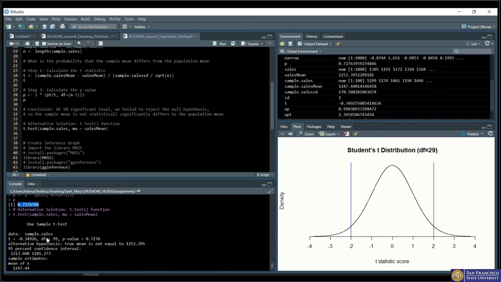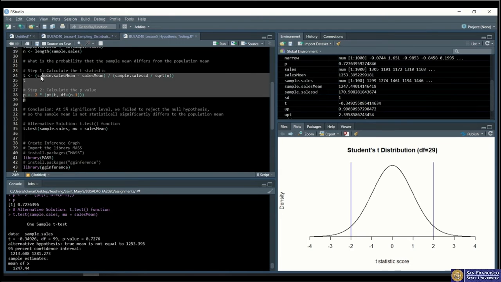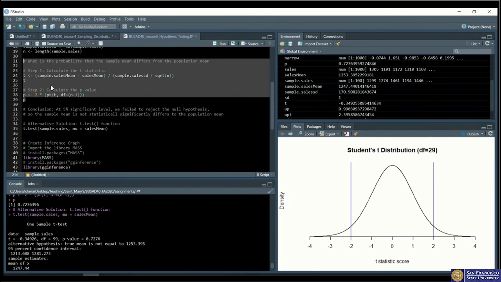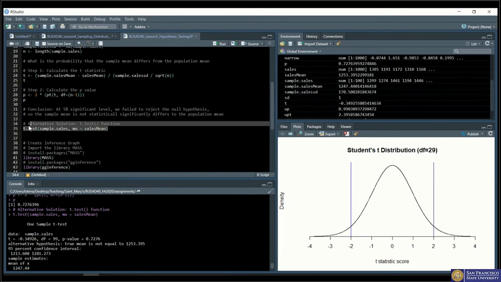So as you can see, this t-test actually has an output that very nicely presents all the statistics we just calculated in just one line of code. However, again, you have to understand when you use the procedure for calculating all these values and when you can use a t-test function.